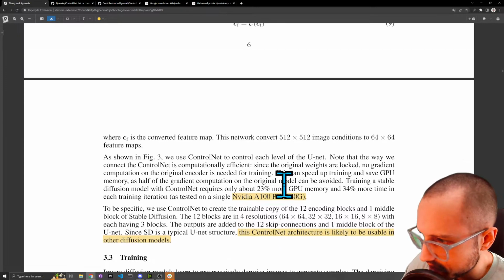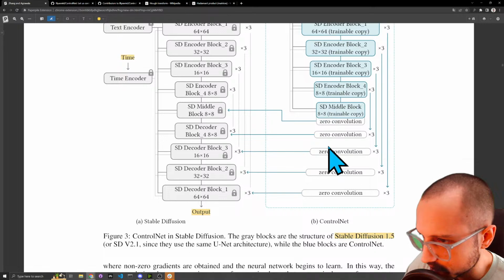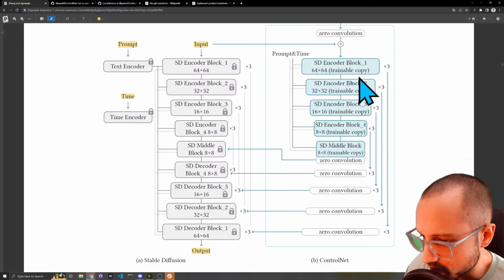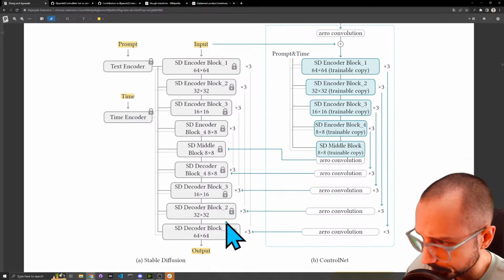Yeah, you could apply this technique to anything, right? Obviously, the design of the ControlNet is going to be very specific to the design of the diffusion model. So if you had a different diffusion model, you would have to make a completely different ControlNet for it.